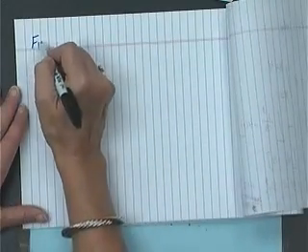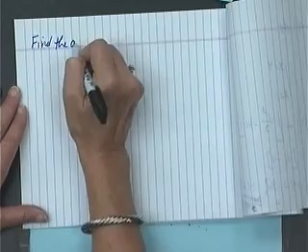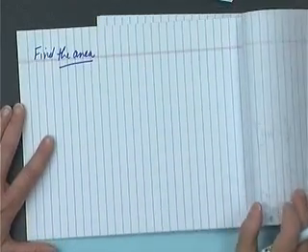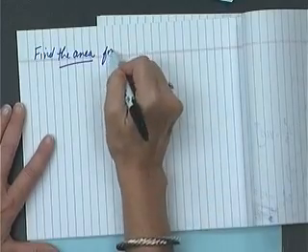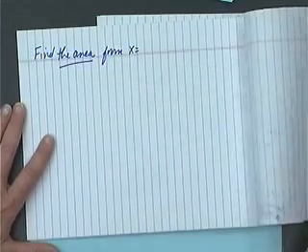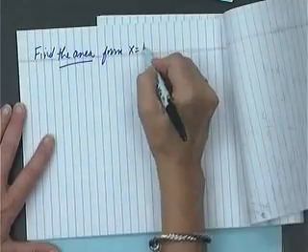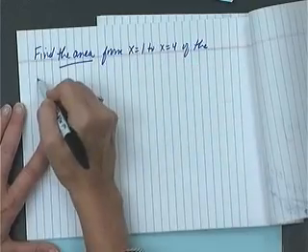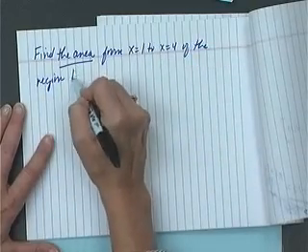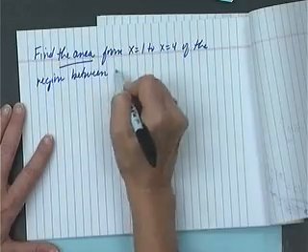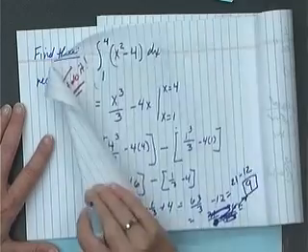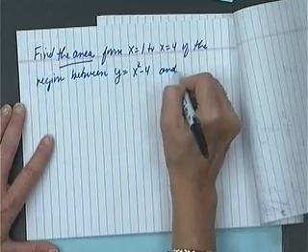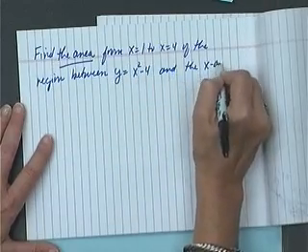We want to find the area. That means we want the exact area. It doesn't mean go to Riemann sums. The area from x equals 1 to x equals 4 of the region between y equals x squared minus 4 and the x-axis.